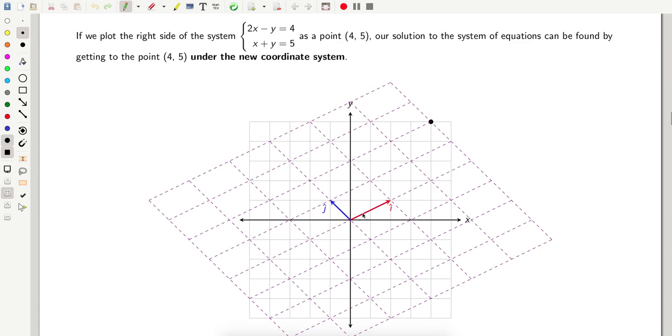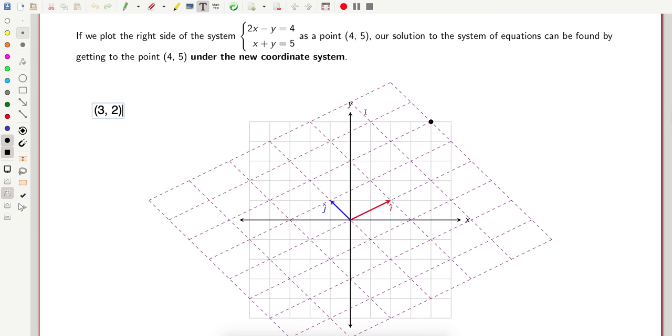Now in this new purple coordinate system, it's actually going 1, 2, 3 i hats and 1, 2 j hats. So in our new coordinate system, our solution is going to be 3 of the i hats and 2 of the j hats.